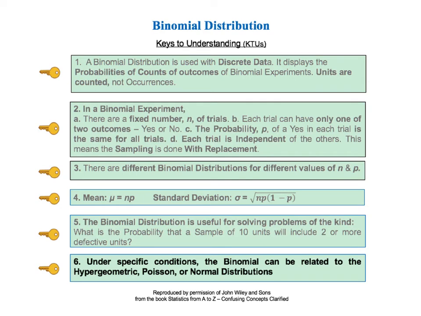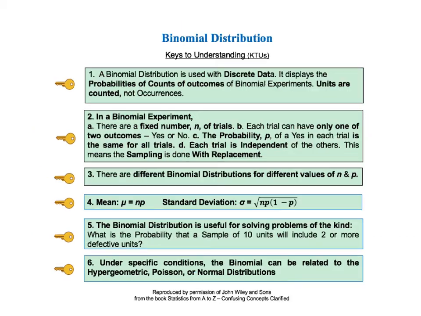The final key to understanding says, under specific conditions, the binomial can be related to the hypergeometric, the Poisson, or the normal distributions. And here on one page are all 6 keys to understanding the concept of binomial distributions. You may wish to pause the video at this point and read them all together.